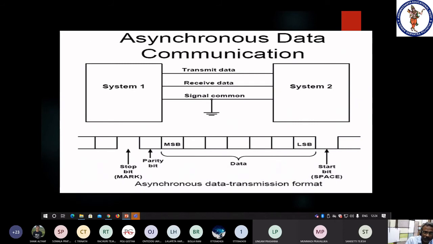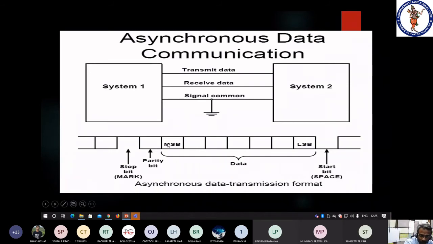Since this is communication, the code we use to encode the characters is ASCII, a 7-bit code with parity, so the total is 8 bits. For every 8 bits, the system appends 2 extra bits: one start bit and one stop bit. In between, the data is placed.